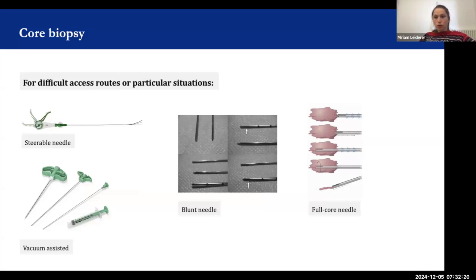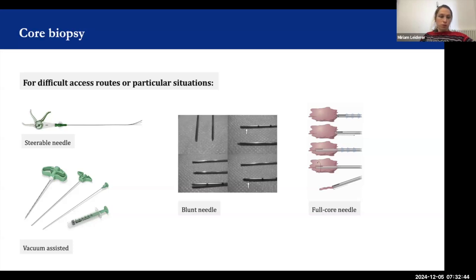There are full core needles that get a better core and better preserve the architecture of the tissue.